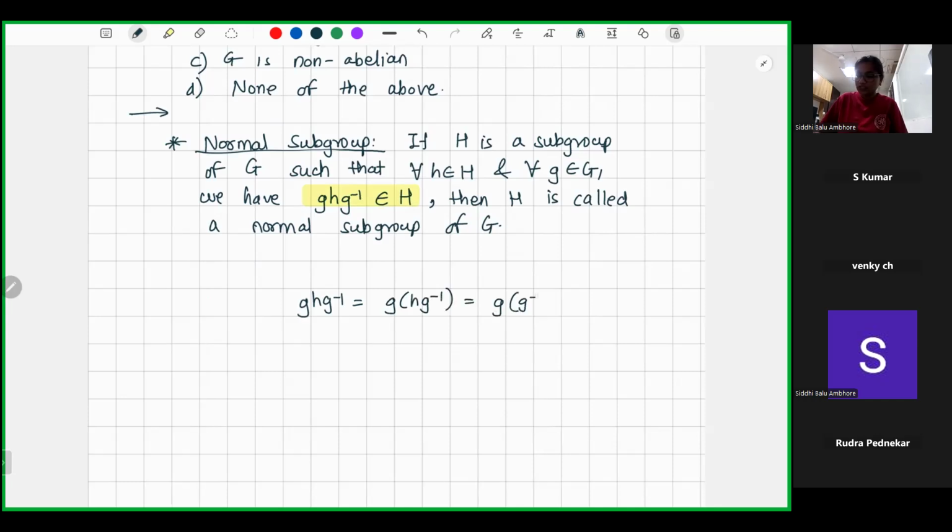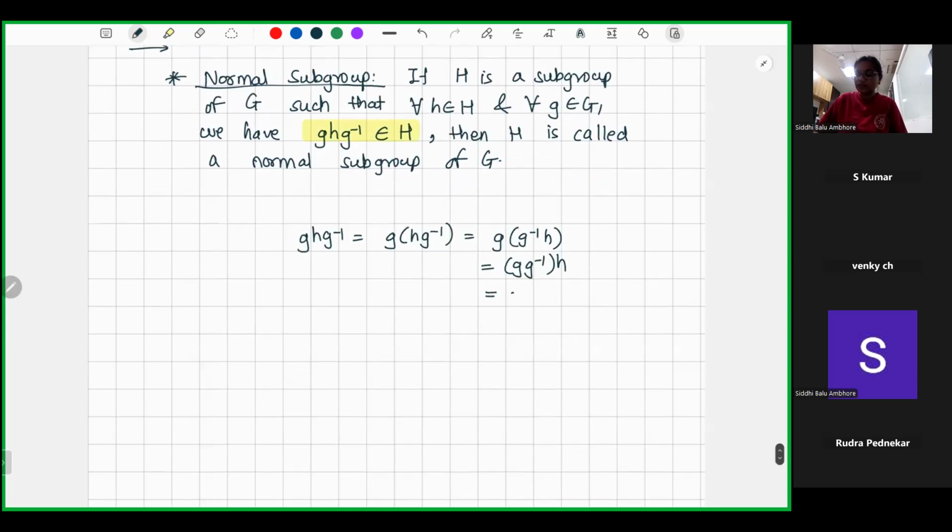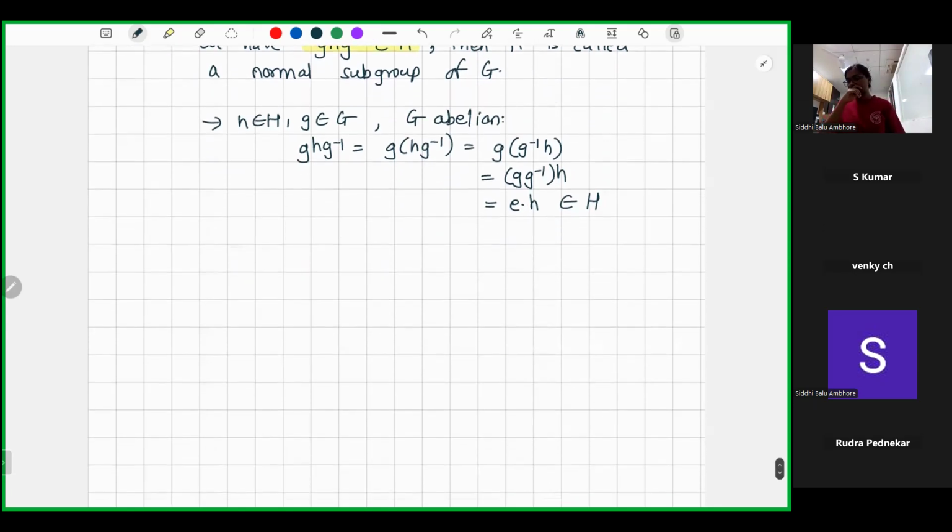This is g inverse h, and from associativity I can have again this, and this will give me e h, and anyway we started with h in H, g in G, abelian. Okay, so this happens. So for every abelian group, every subgroup is a normal subgroup.